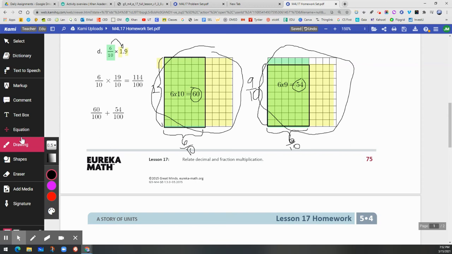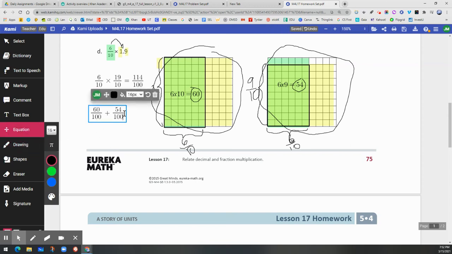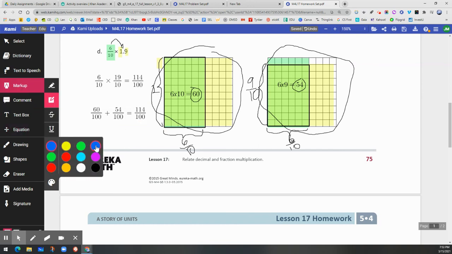That's why when you add them up, you have to write it in such a way. We're just checking the answer now. 60 plus 54 will be 114 over 100. So there you have it. This answer matches what we started with. The model is 114 hundredths, and the multiplication is 114 hundredths. So it is correct the way it was done.